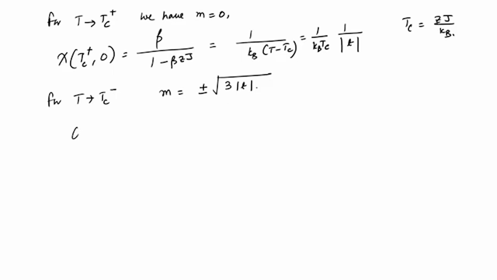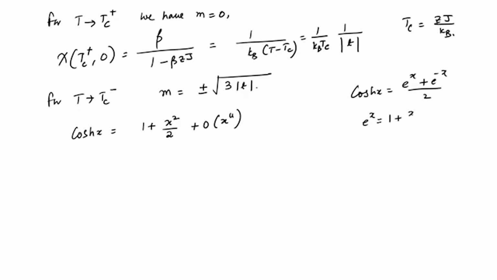Then we can use this expression that cosine hyperbolic x is equal to 1 plus x square by 2 plus order x to the power 4. You know where it comes from, because cosine hyperbolic x is equal to (e to the power x plus e to the power minus x) by 2, and then for small x you write the exponential of x as 1 plus x plus x square by 2 and so on, and then you can just add all of them and you get this.